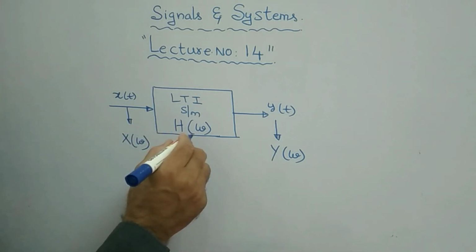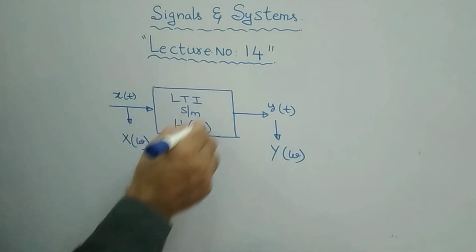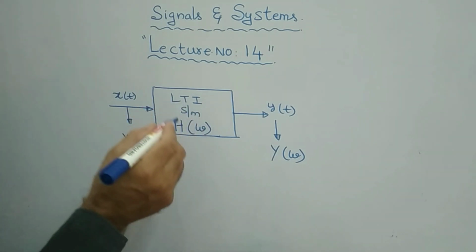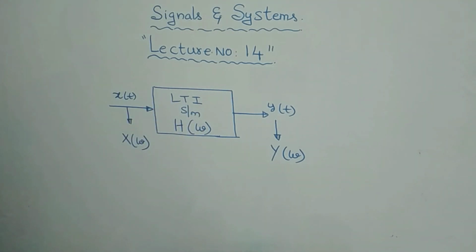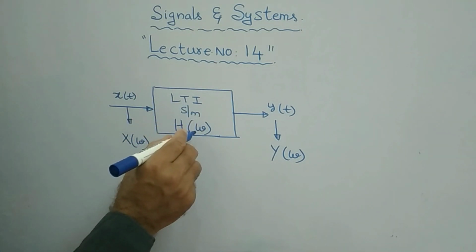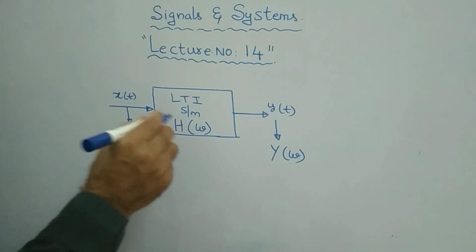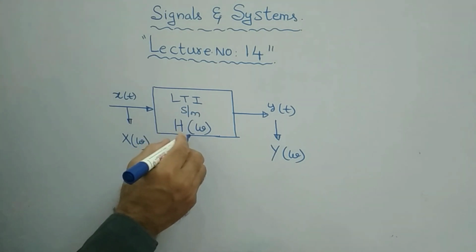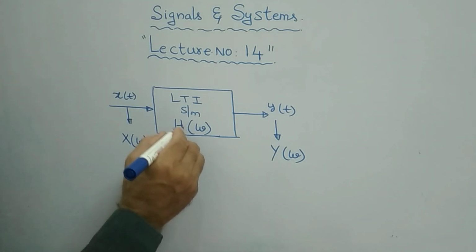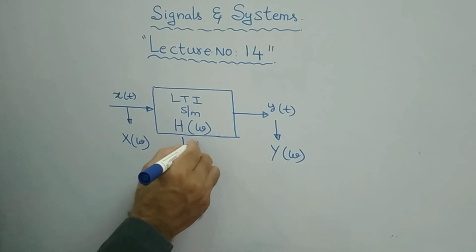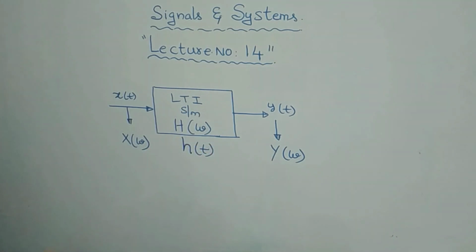Therefore, H of omega is nothing but the transfer function of the system, the frequency representation. Correspondingly, the time domain representation of H of omega is H of t. Remember that.